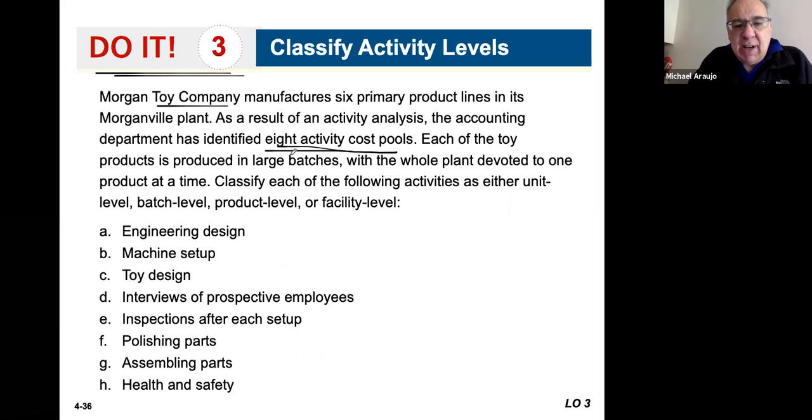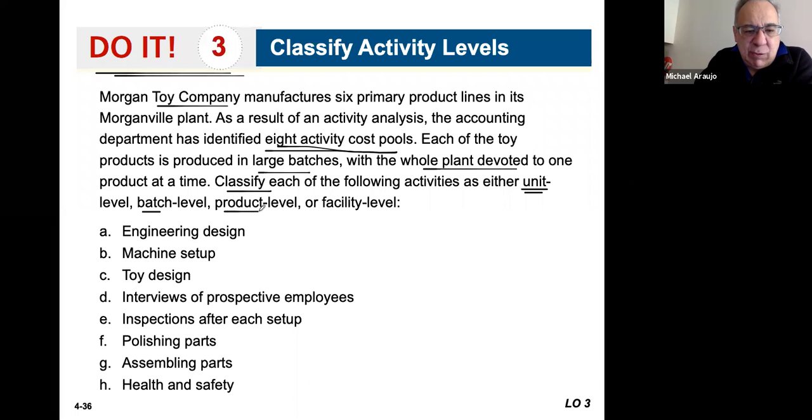Each toy product is produced in very large batches, and the entire plant is devoted to one product at a time. They have listed A, B, C, D, E, F, G, H, that's 8 different activities, and they want you to classify the activities as either unit level, batch level, product level, or facility level.